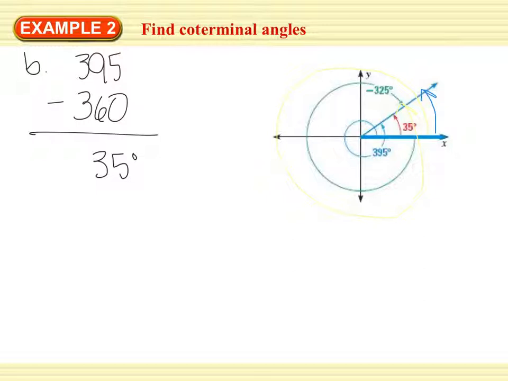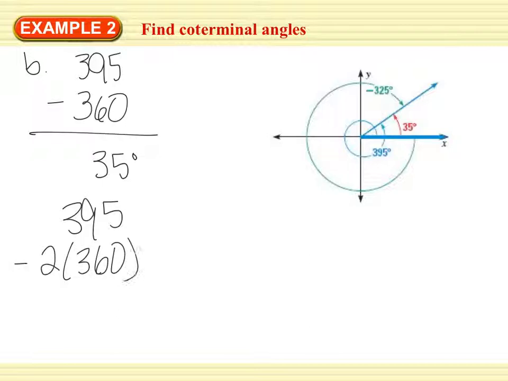Okay? I'm going to erase that so that I can do the next one. So I just subtracted 360. Let's try a different way. So I'm going to start with 395. And this time let's try 2 times 360. I'm going to subtract 360 twice. So 395 minus 360 minus 360.